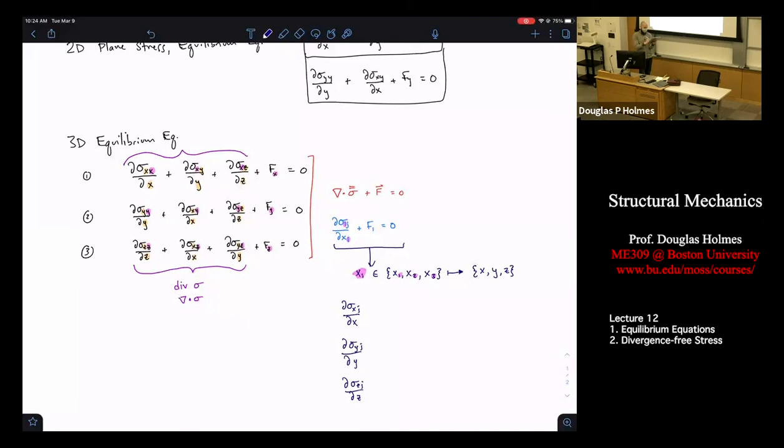But now I need to actually, j can be 1, 2, or 3, so I'm going to add up and say, well, this is going to be like sigma x1 dx. Did I do this wrong?